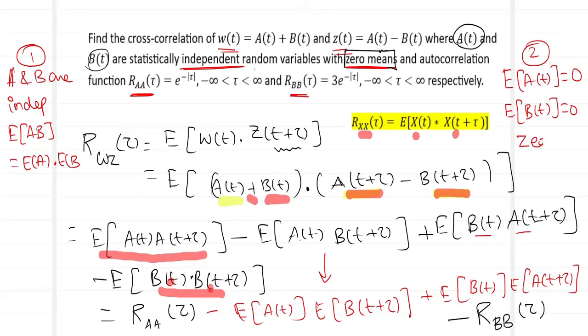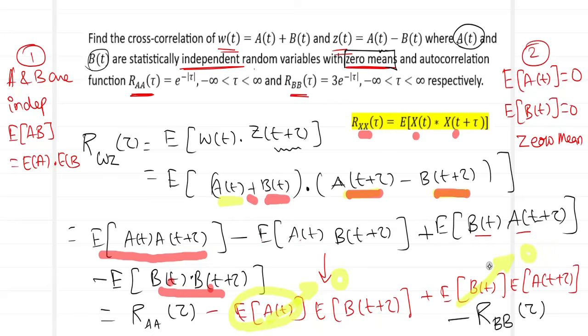From point number 2, we observe that the term which contains E of A of t becomes equal to 0. And in the second term, we have E of B of t, and this will also become equal to 0.